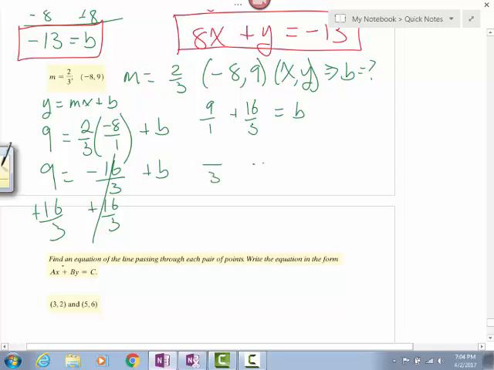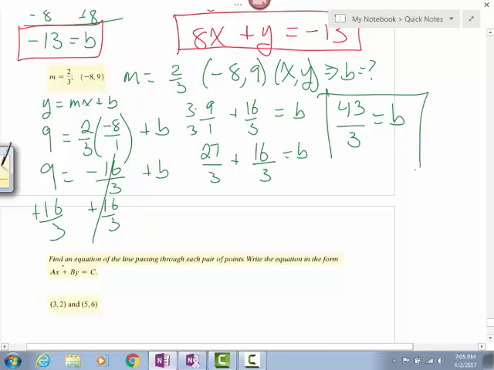So I'm going to leave this as a 3. I had to multiply 1 by 3, so I have to do this one by 3. That should give me a 27. Plus, I didn't change this one, so I'm not going to change that one. 16 equals b. All right, so now I'll just need to add 27 and 16. That should be 43 over 3 is equal to b.